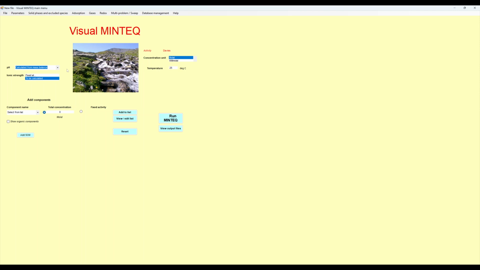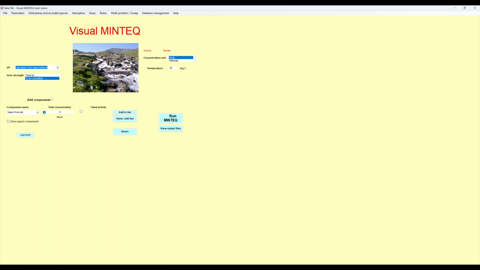What we are doing is giving the software the total initial value, what we have initially, and it gives us the final equilibrium composition, including the pH. So the pH is calculated from the mass balance and ionic strength, so obviously it has to be calculated, but if it's fixed, that's again the second scenario.